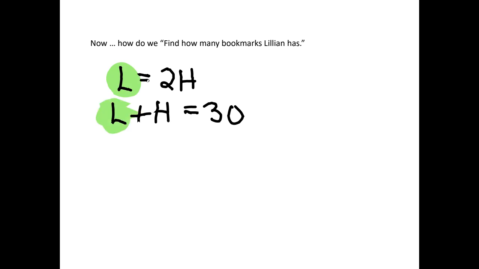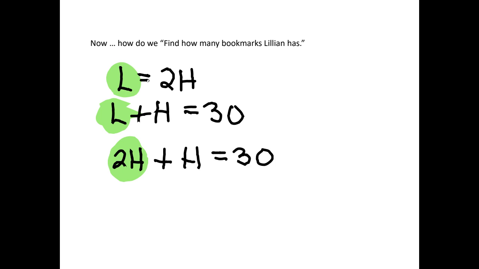I am going to put where that H is, I am going to replace it with 2H plus H equals 30. 3H is equal to 30. Divide by 3.